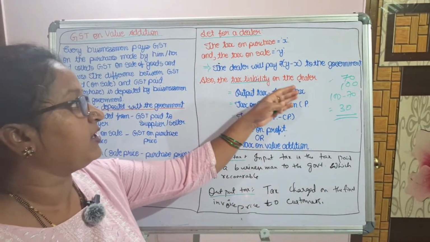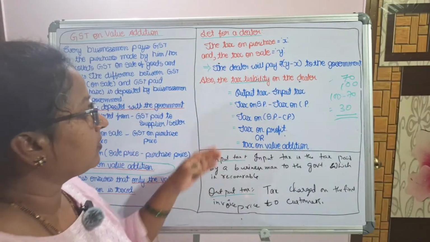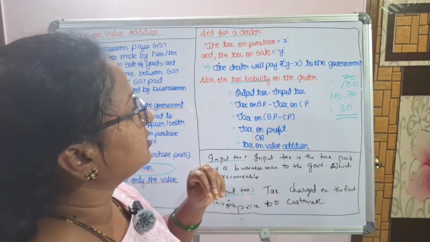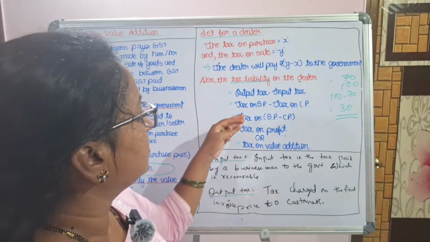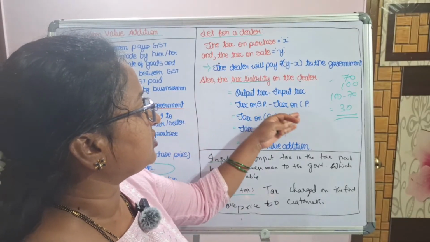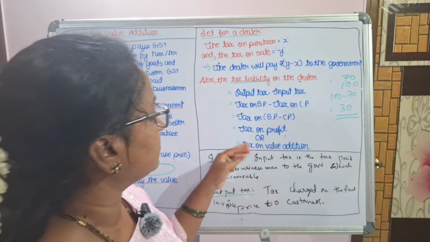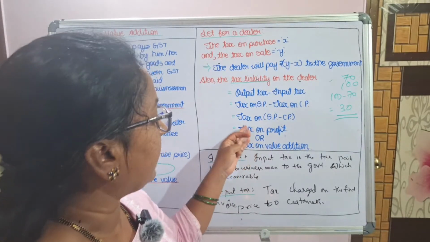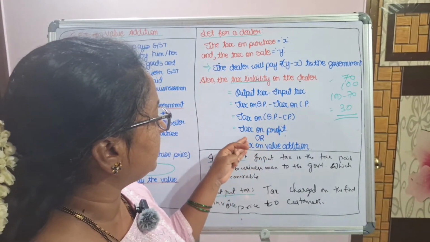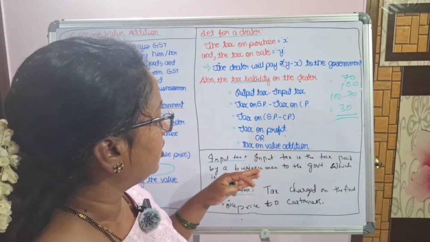Also, the tax liability of the dealer is output tax minus input tax, that is, tax on selling price minus tax on cost price. So tax on selling price minus cost price is equal to tax on profit.